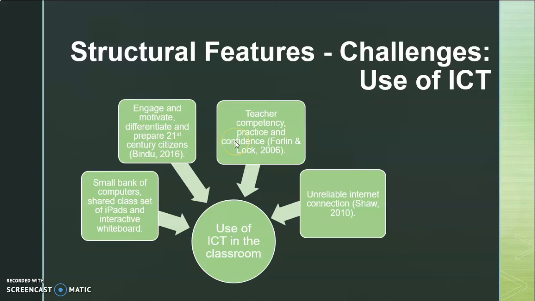However, Forlorn and Locke highlight that these ICT devices are often underutilized in rural and remote areas due to limited teacher competency, practice, and confidence using ICT. Furthermore, like many rural and remote schools, Sandy Plains experiences unreliable internet connection. Therefore, these complexities were considered so that the benefits of the ICT resources available could be fully realized in the classroom.